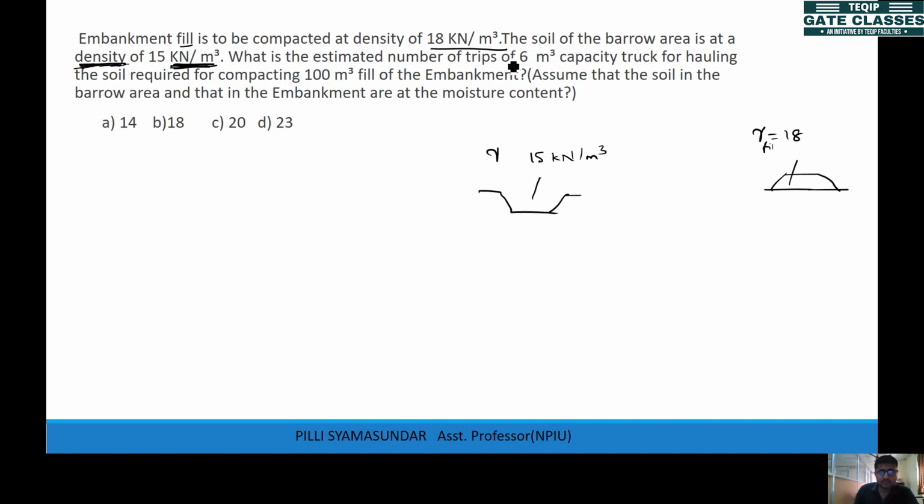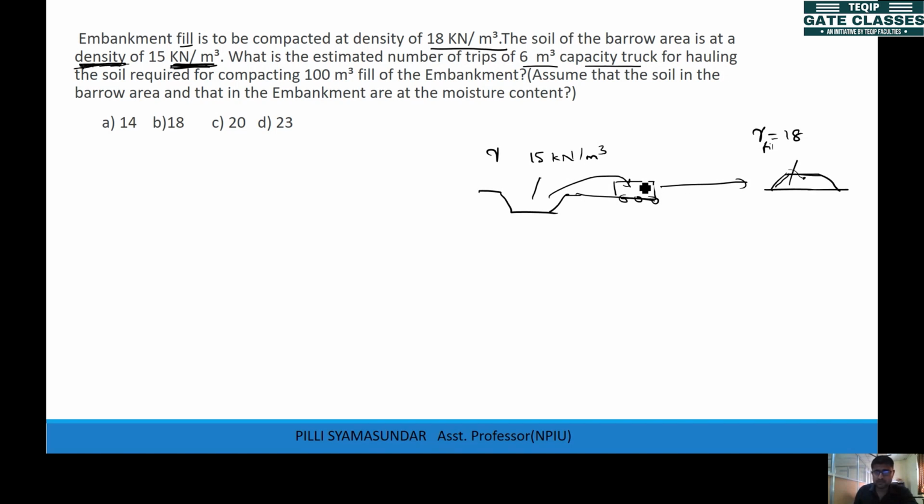What is the estimated number of trips? Okay, he's asking this. So what is the estimated number of trips of a 6 meter cube capacity truck? So you have a truck here. The soil is filled in this truck, and this truck will carry the soil to this fill area, and then you unload it here, right?